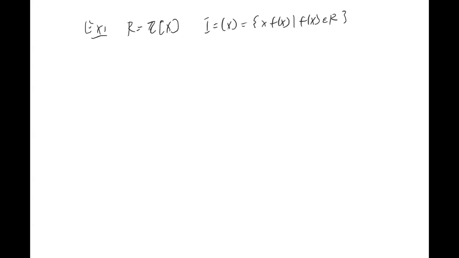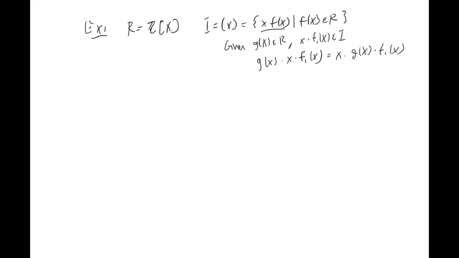So why is I an ideal? Well, this is quite clear. Given g of x in R, and let's take some arbitrary element x times f1 of x in I, because every element in I looks like x times a function, I need to check that the product is an element of I. And it certainly is, because this is just multiplication, and it's commutative.